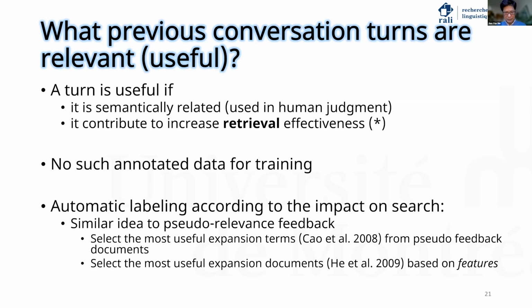So we'll go back to some early ideas developed for pseudo-relevance feedback, which tries to select expansion terms from pseudo-relevant documents. And this selection is based on a similar idea: an expansion term is useful if by adding the term into the query, we can get improved search results.